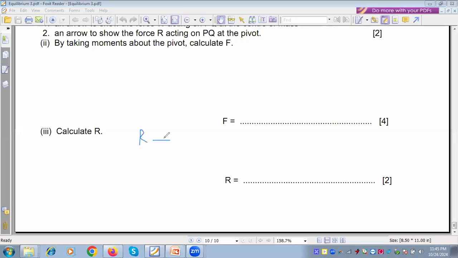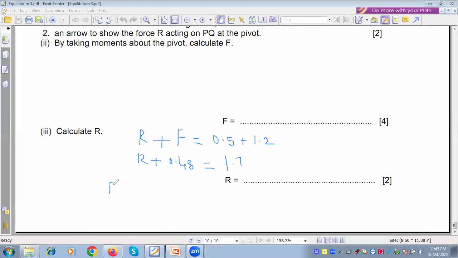R is to be worked out. F is 0.48, and the total is 1.7.